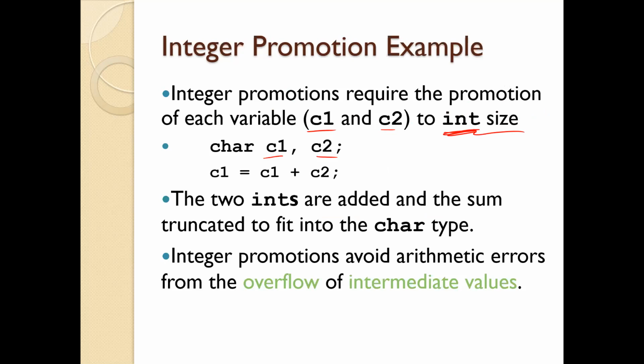We do the operation, the compiler promotes them, the two ints are then added, and the sum, because the result is a char, will be truncated to fit into the char type. You see that? Integer promotions avoid arithmetic errors from the overflow of intermediate values. That's the goal of this process.